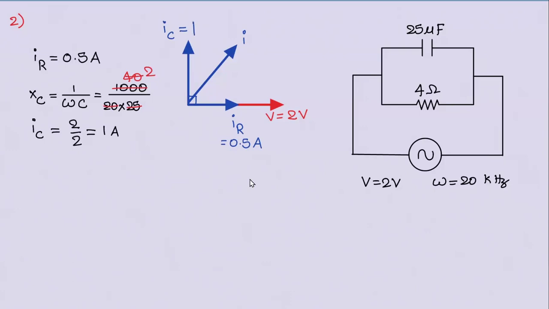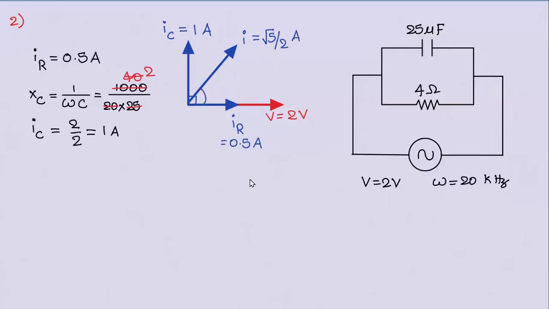Now observe, this is 0.5 and this is 1, right? So squaring and adding, you will get, I think, root 5 by 2 ampere.